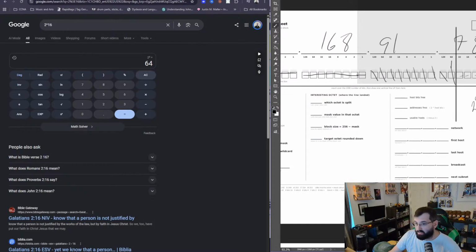Now we're going to take that 64 and do 256 divided by 64 equals... Did I do that right? Yes. I always forget that. I put it in wrong. That's why I was like, that should not have been a decimal. Okay. It's 4. So our block size is 4.